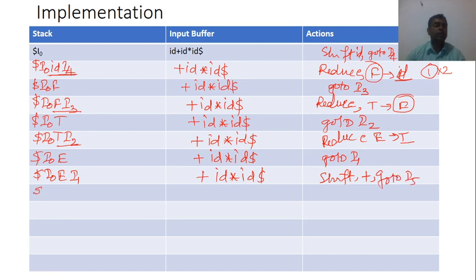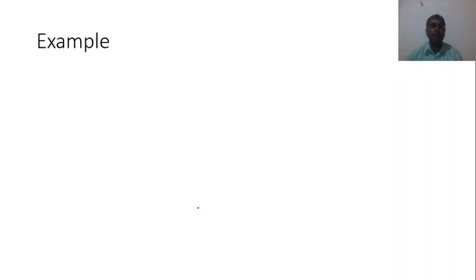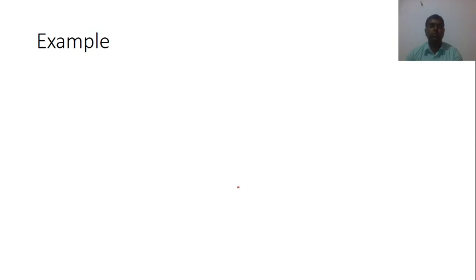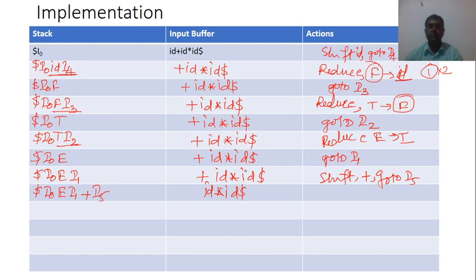Now it becomes $ I0 E I1 plus I5, and here it becomes ID asterisk ID $. Now I5 row and ID column, that is S4. Shift ID and go to I4.